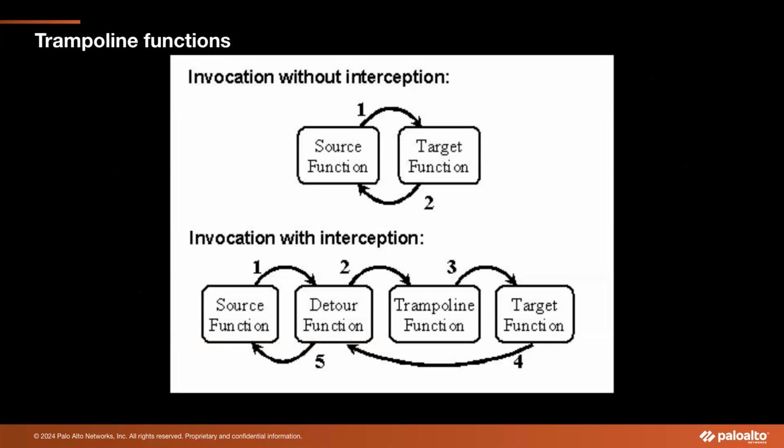And this is how it looks when a program calls a function without being instrumented. The source function calls a target function, and after it ends, it returns to the source function that called it. But when you intercept it, what you are actually doing is detouring the function. It is done by a trampoline function, where you can create your own function to do whatever you want.